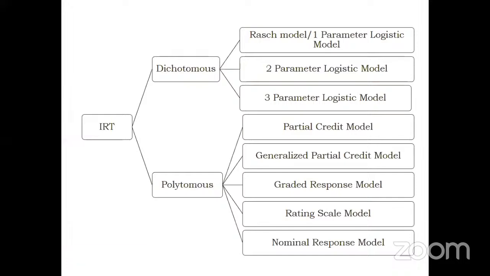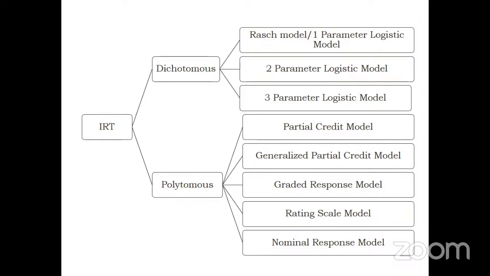Coming to the IRT models, these are the models which have been developed so far for dichotomous responses, meaning for correct and incorrect responses. You have 3 different models. The first is the Rasch model, the basic model, or the one parameter logistic model. There is a very subtle difference between these 2 models, but more or less the same thing.